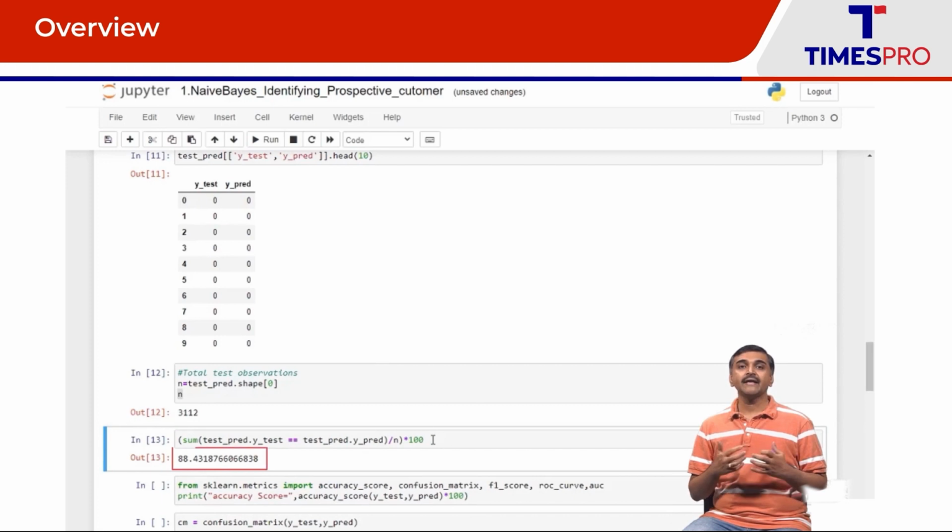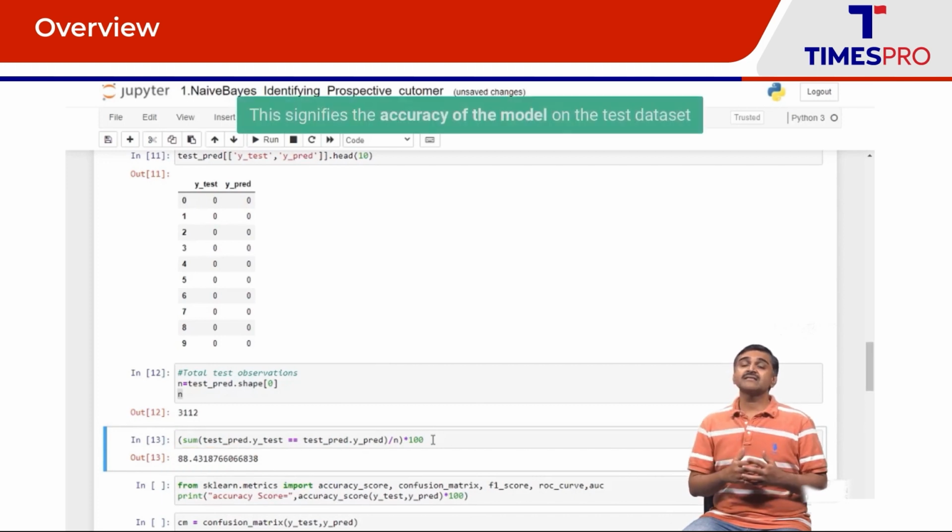So I get 88.43. This is nothing but the accuracy of our model on the test dataset.